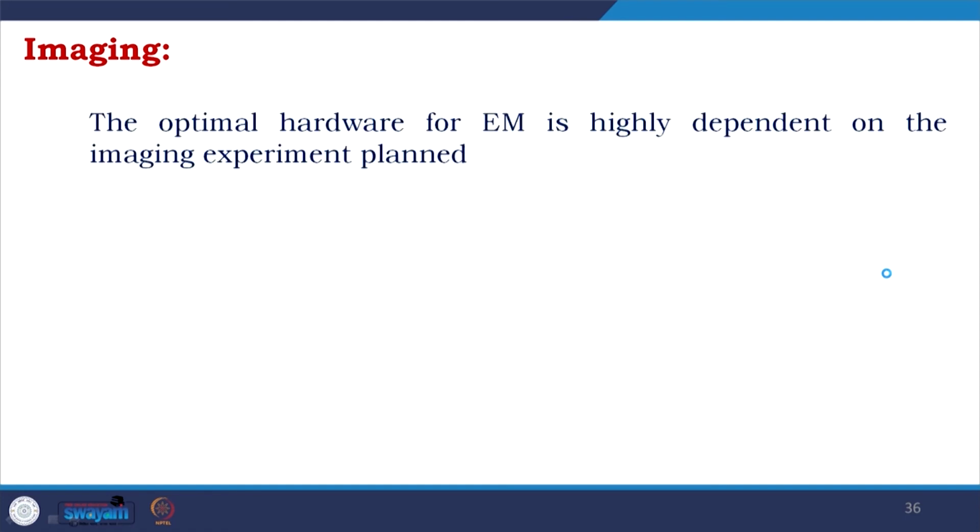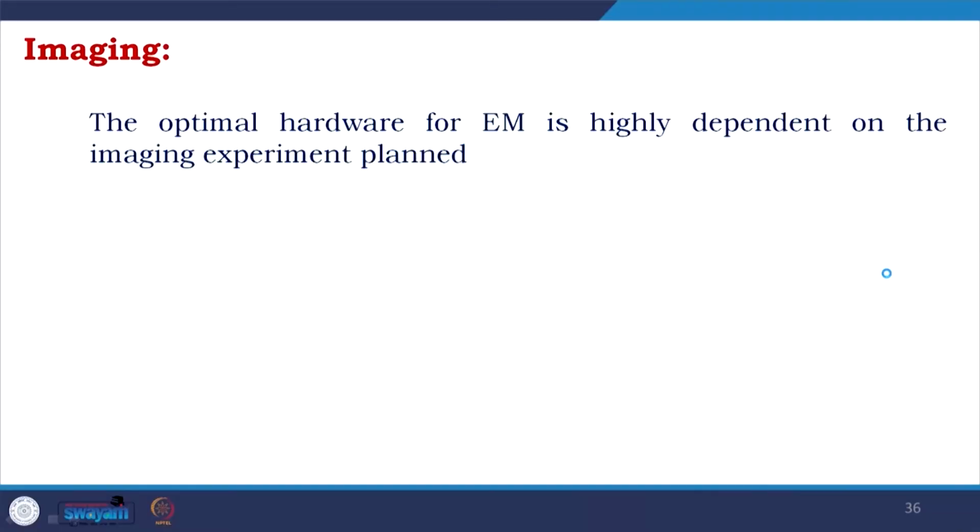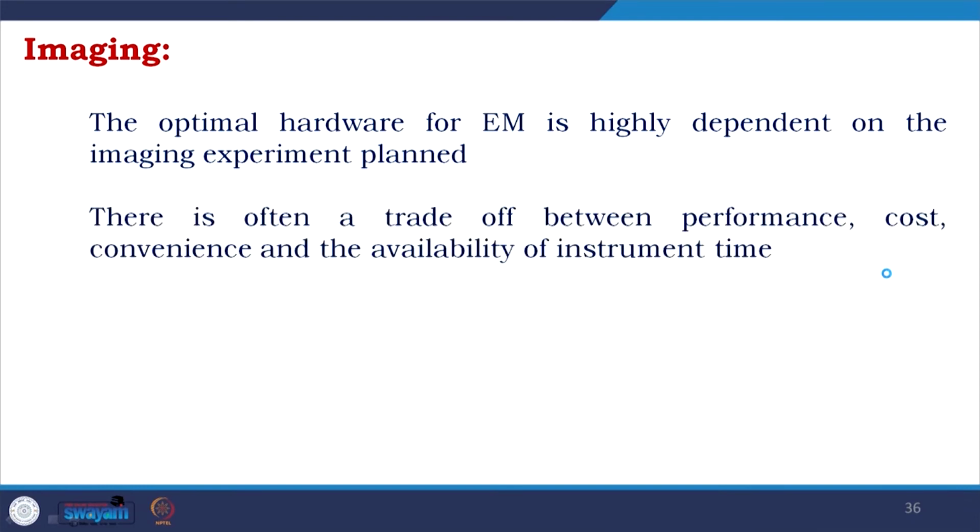Now, I will talk about imaging. So, we have the sample preparation, we do the staining, then we go for freezing, and now it is imaging. The optimal hardware for electron microscopy is highly dependent on the imaging experiments planned. There is often a trade off between performance, cost, convenience and the availability of the instrument time, because we all know that it is very expensive.